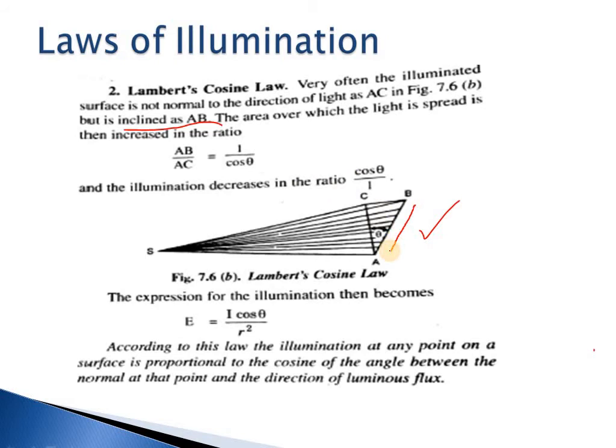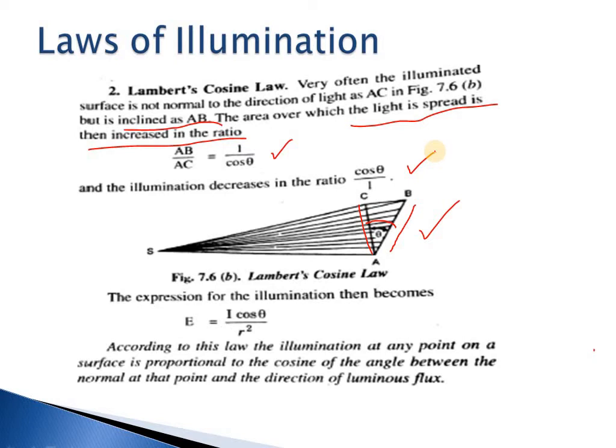Okay. The area over which the light is spread is then increased in the ratio of AB by AC, that is 1 by cos theta. This is the angle theta. And illumination decreases in the ratio of cos theta by 1.